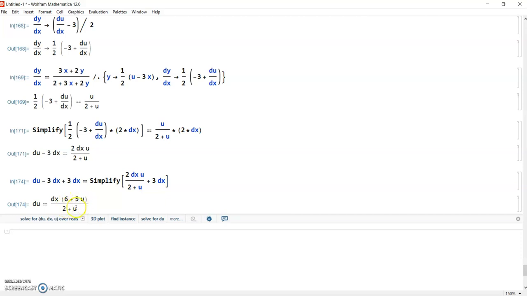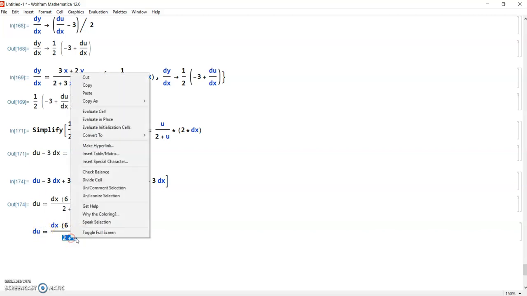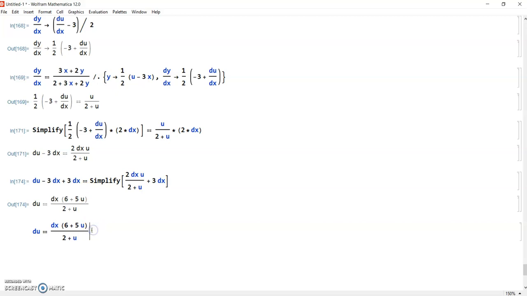So now I can take the whole of this term to the other side, and then our separation of variables process will be completed. So for this, I need to multiply by 2 plus u, and then divide by 6 plus 5u, and then I can multiply on the left hand side as well.